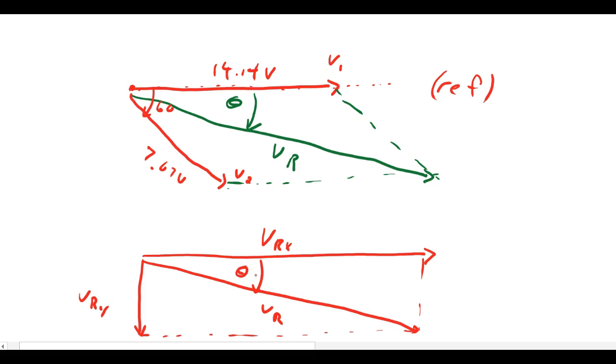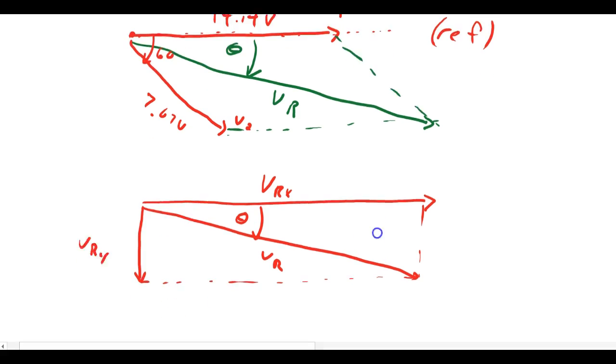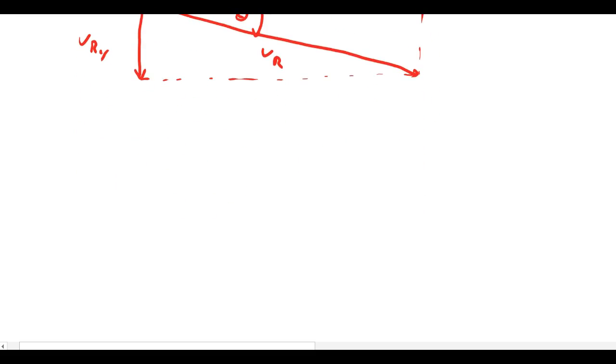Now, you might find my diagrams are not to scale, but the idea is that if we had drawn them to scale, we should come up with an accurate answer. The reason why we use vector addition with the x and y components calculated using sines and cosines is that it improves the accuracy we could get from drawing a sketch, and makes the calculation quite a bit faster as well.